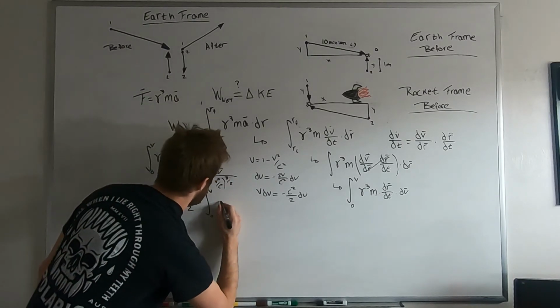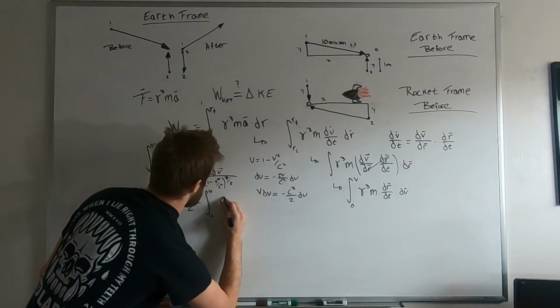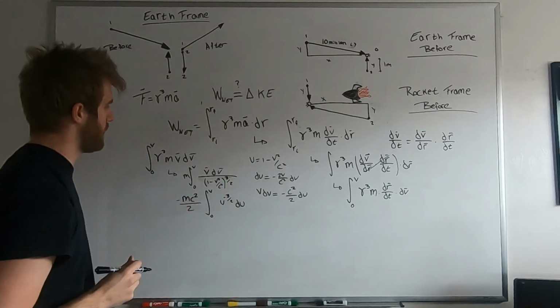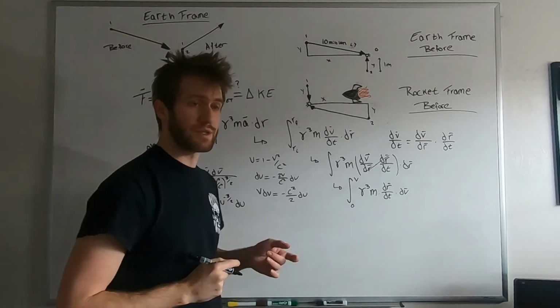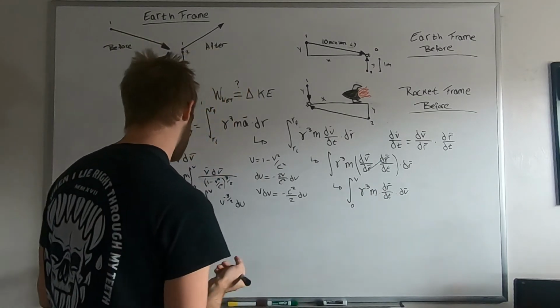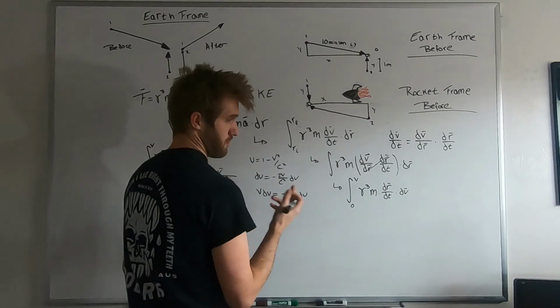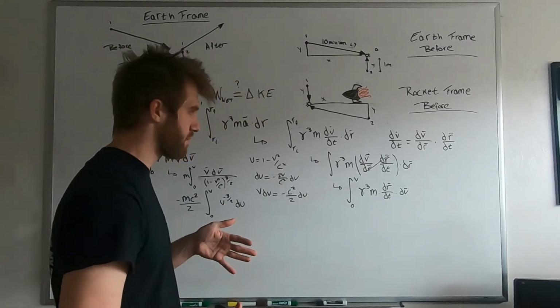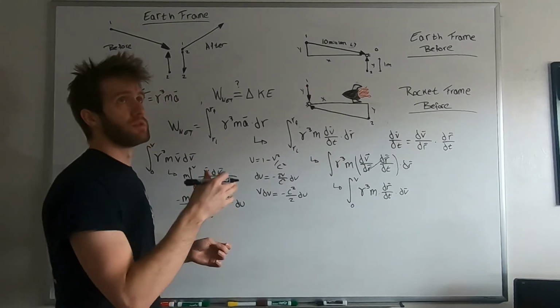We're just going to have u raised to the negative 3 halves times du. All right. Now we can just use the power rule, where we just take this plus 1, which is just going to be 1/2, divided by 1/2, which is going to be 2u to the negative 1/2.